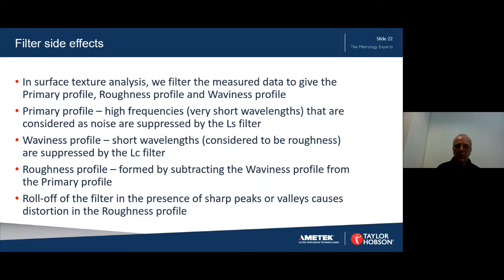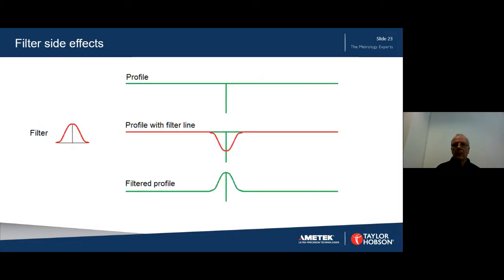This can be a problem in the waviness profile because the filter being used has a long cutoff, for example 0.8 millimeters, and consequently the spike is broadened considerably. When this broadened spike is subtracted from the primary profile, it will distort the resulting roughness profile, and we can see this in the next slide.